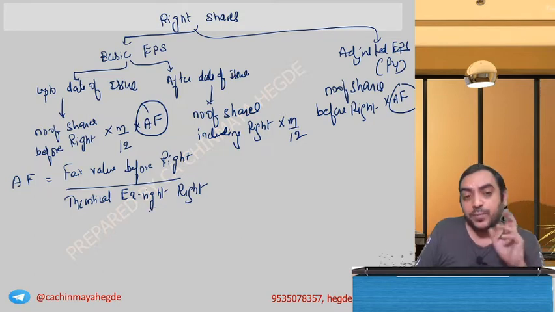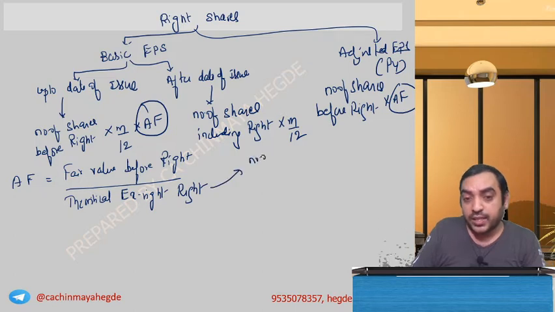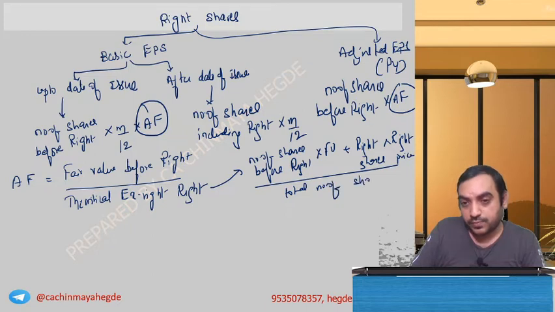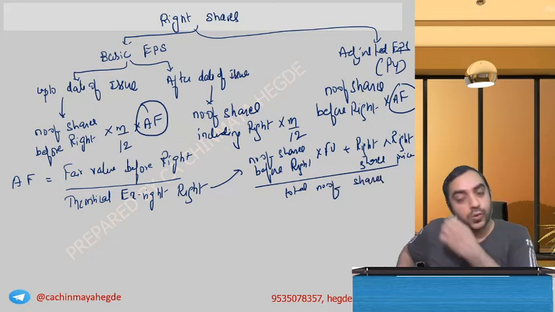That means after right. Numerator is before right, denominator is after right. What is theoretical ex-right price? How do you calculate? Number of shares before right multiplied by fair value plus right shares multiplied by right issue price, divided by total number of shares.